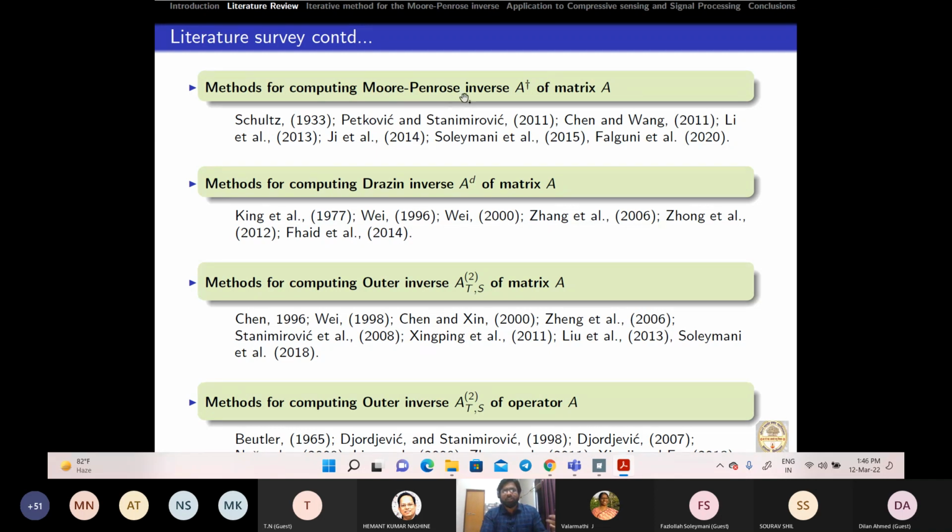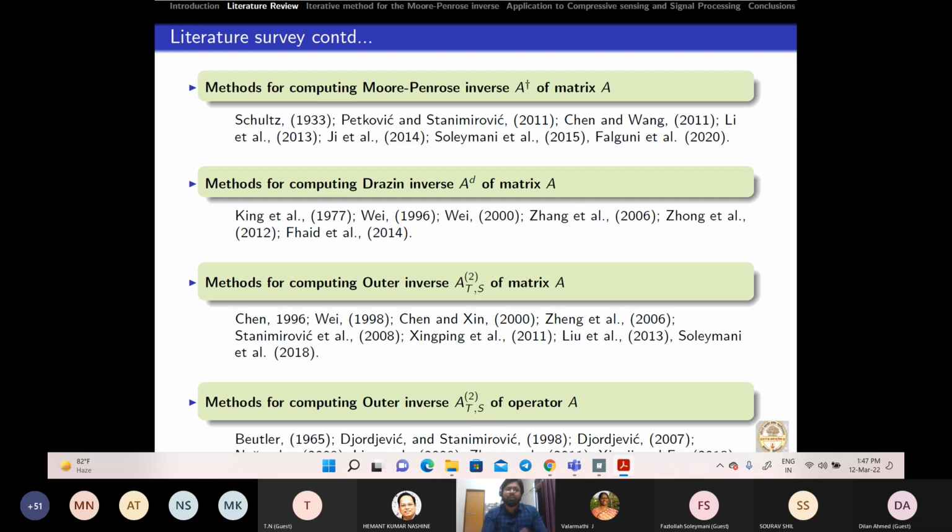Some people have worked on the computation of the Moore-Penrose inverse. Many people have worked on the Drazin inverse, outer inverses and so on, and they have even extended that to operator theory, going from finite dimension to infinite dimension. Our respected professor has also developed several higher order iteration methods for the computation of outer inverses and Moore-Penrose generalized inverses, with fewer computations.